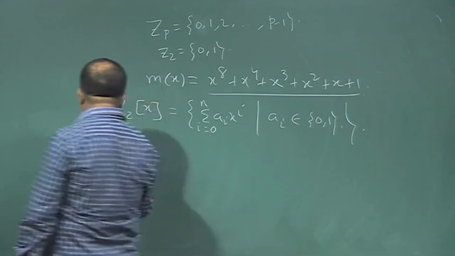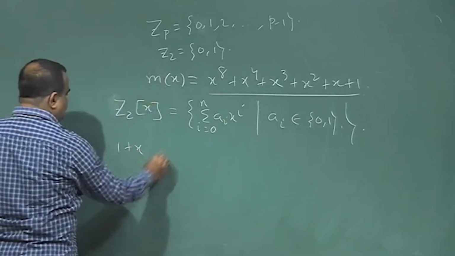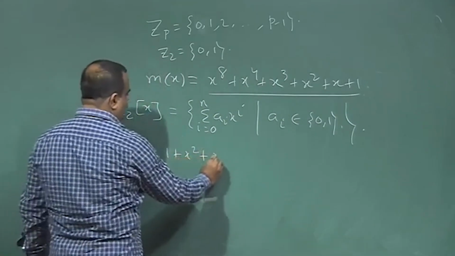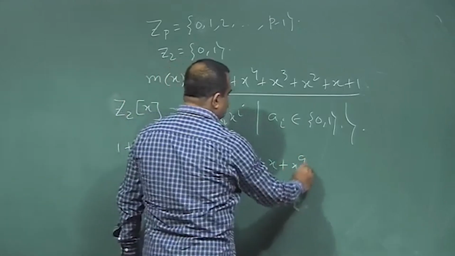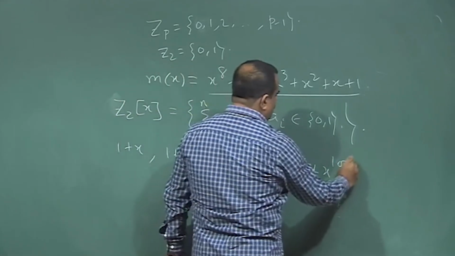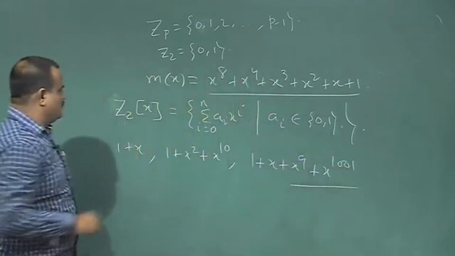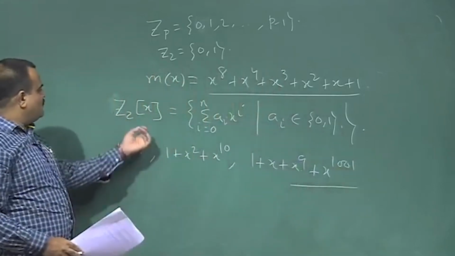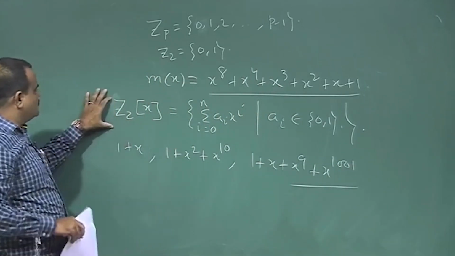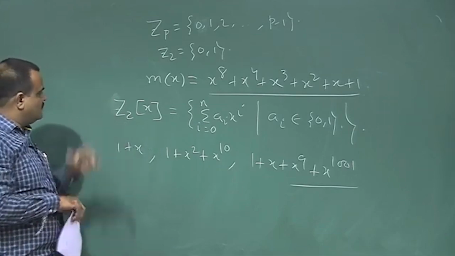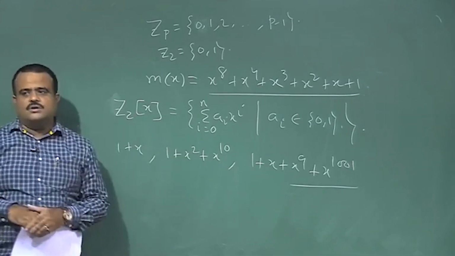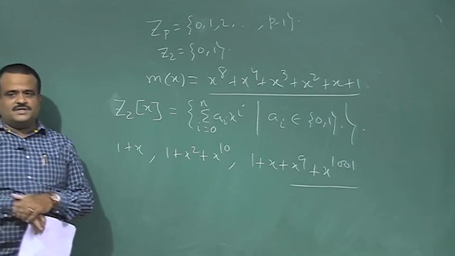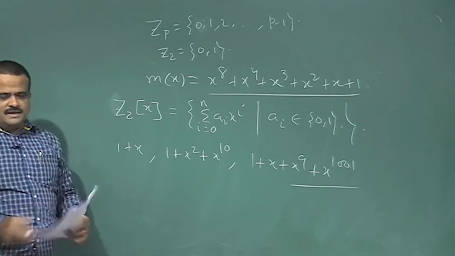For example, 1 plus x, 1 plus x square plus x to the power 10, 1 plus x to the power 9, x to the power 101, any such polynomial, but the coefficients must come from Z_2. That set is denoted by Z_2[x]. This is the set of all polynomials of any degree whose coefficients are binary bits.